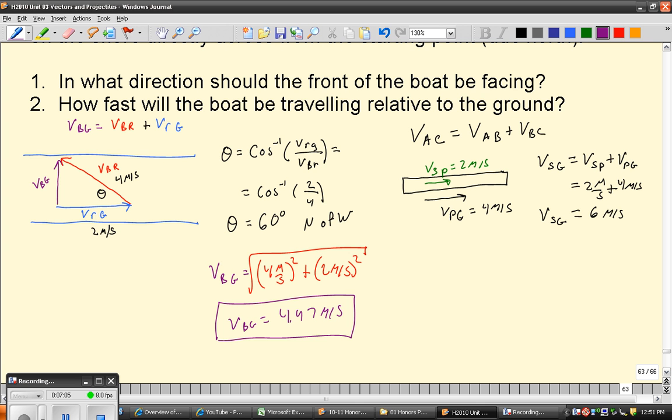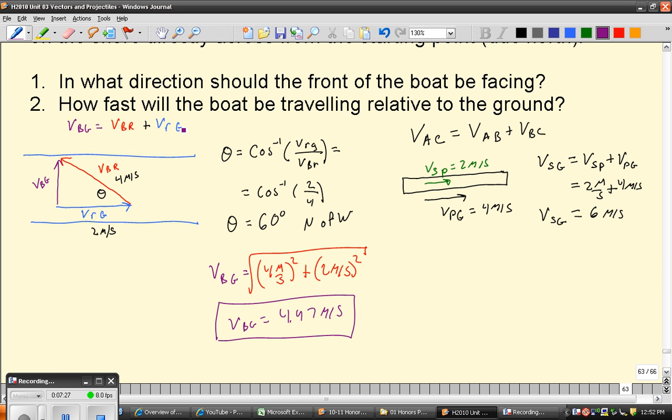When you're trying to figure out the velocity of one object relative to a third object, if you have an intermediate object such as the river, you can solve for that velocity, meaning the velocity of the boat relative to the ground is going to be equal to the velocity of the boat relative to the river plus the velocity of the river relative to the ground.